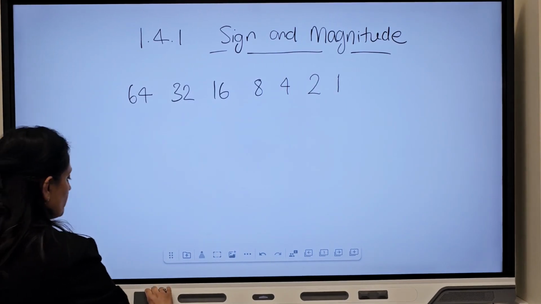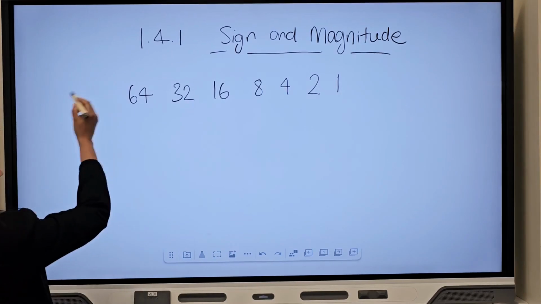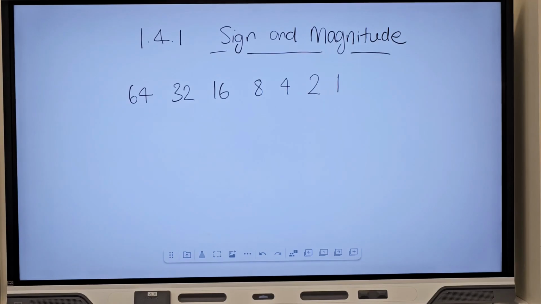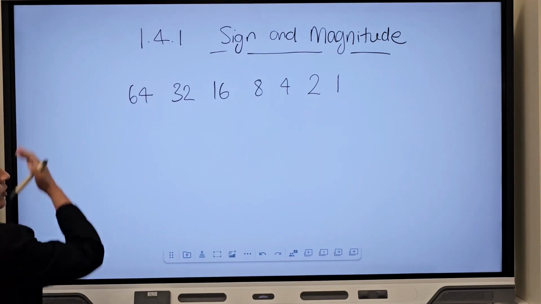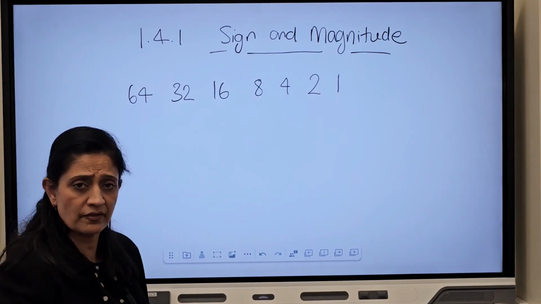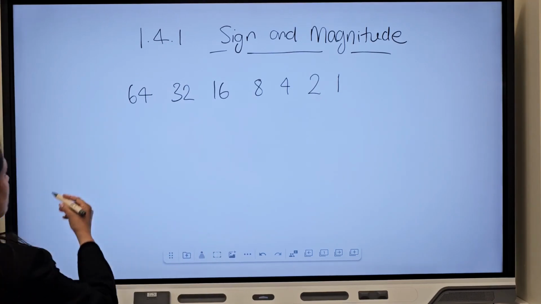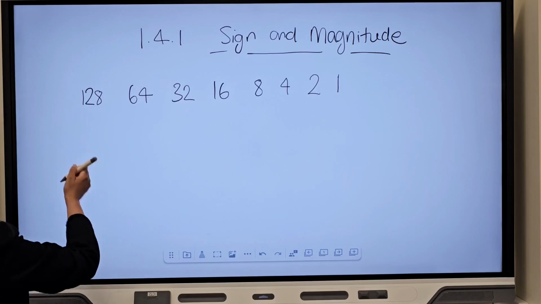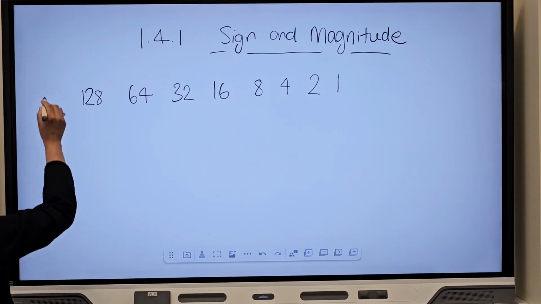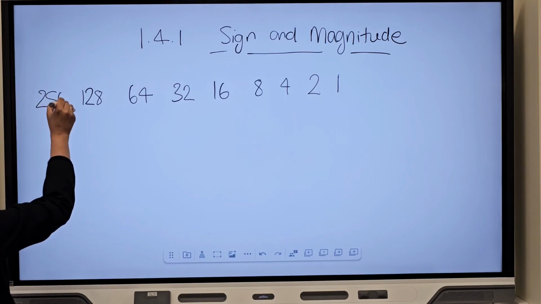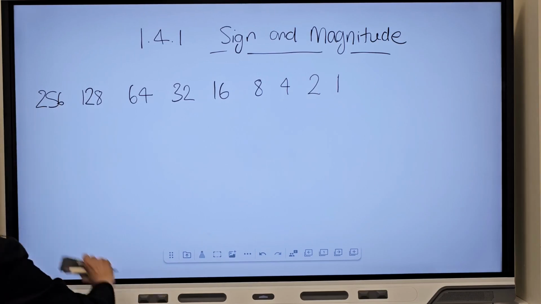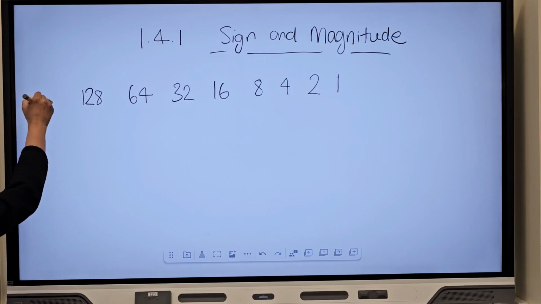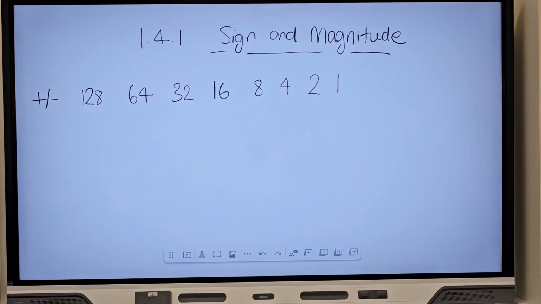What you would need to think about then is adding another column, similar to how we started off with unsigned binary, where if the number is larger than 255, you'd add another column. So you've got the 128 back, but 256 would be the next column; obviously as this is sign and magnitude, that most significant bit is removed and you end up with your sign.